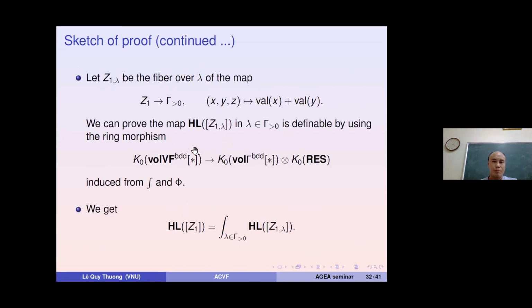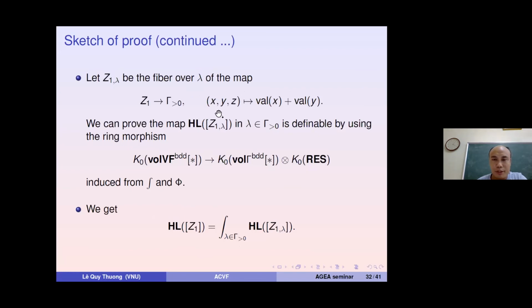So we can prove that the function on this gamma positive is integrable, by using the ring morphism induced from the morphism phi.